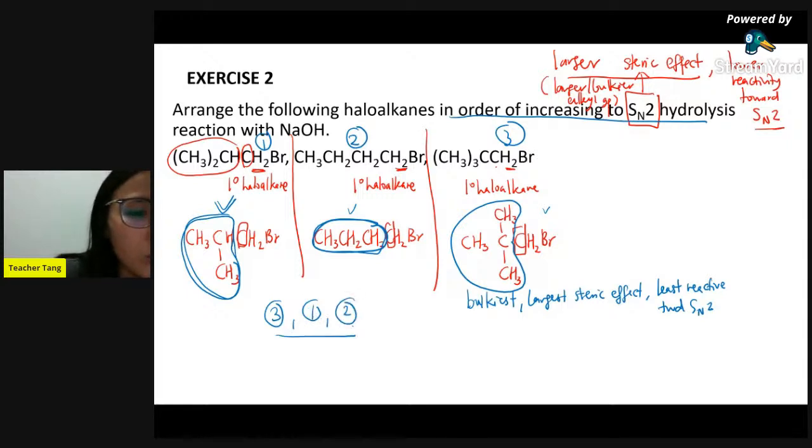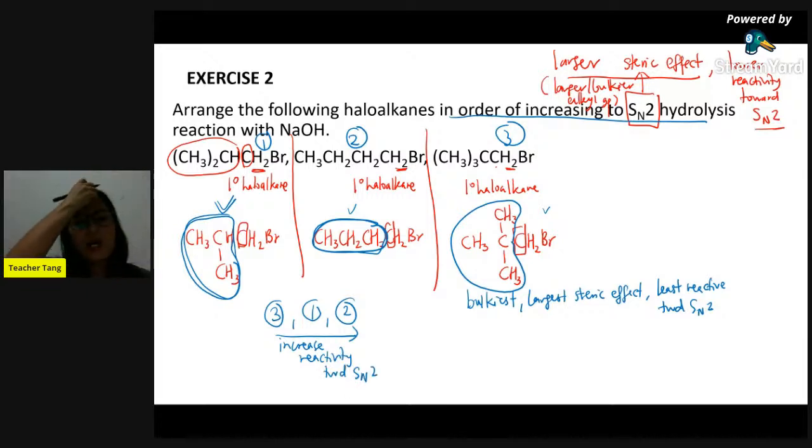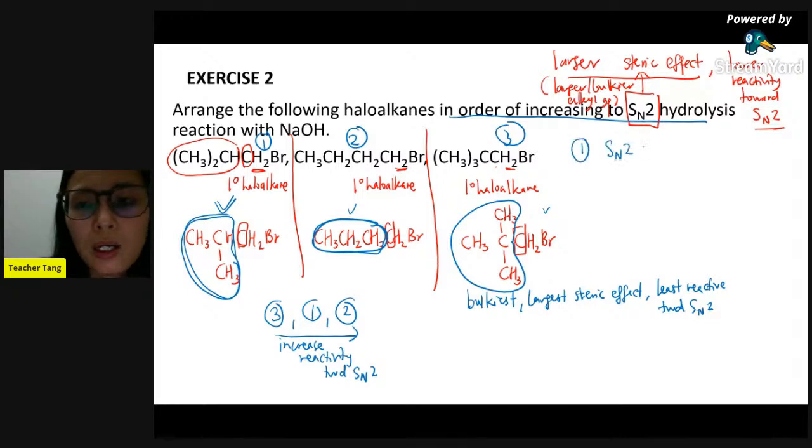So increasing reactivity towards SN2. Okay, so how to explain? Your point number 1, you must say SN2 reactivity is determined by steric effect.